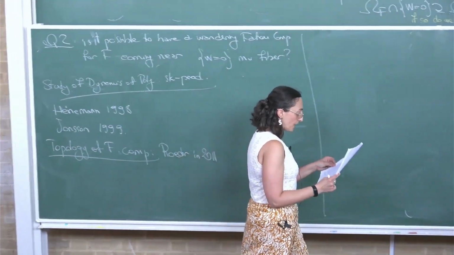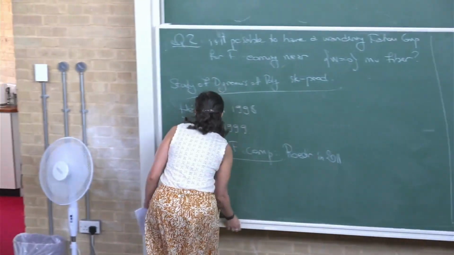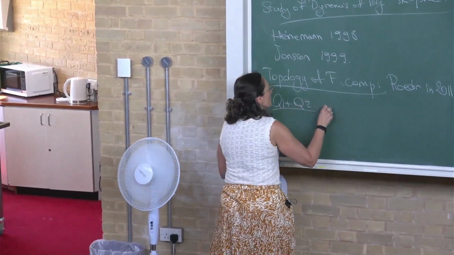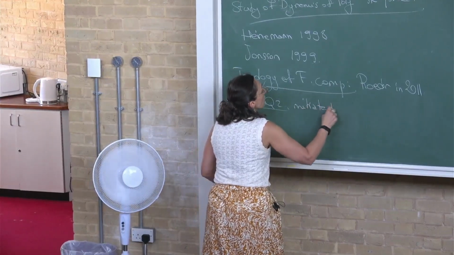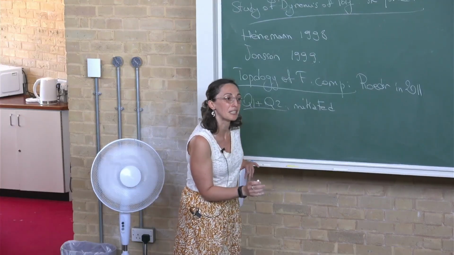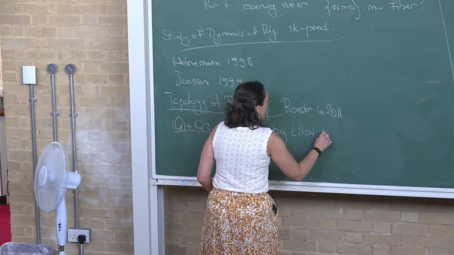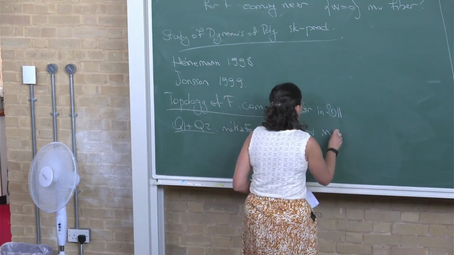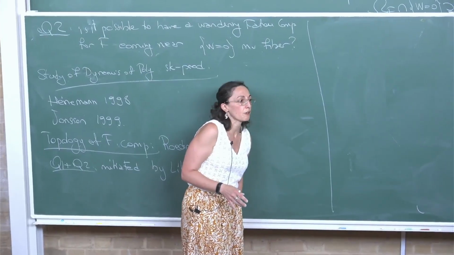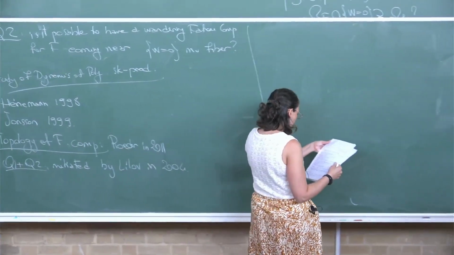And actually, before I can tell you, trying to answer question 1 plus question 2 was initiated, as far as I know, I might be wrong, and I'm happy if somebody can correct me if I'm wrong, by Lilov. And I'm not sure, 2004 in his thesis. I don't think it's accessible because it was never published, but if you need it, I think I can find it for you. All right.